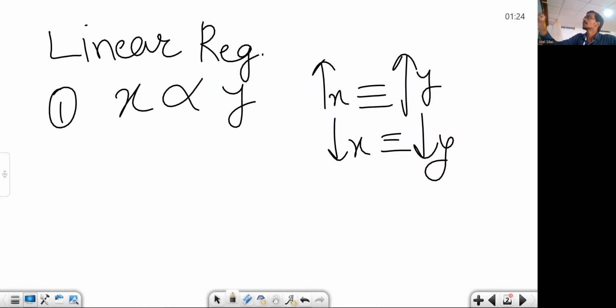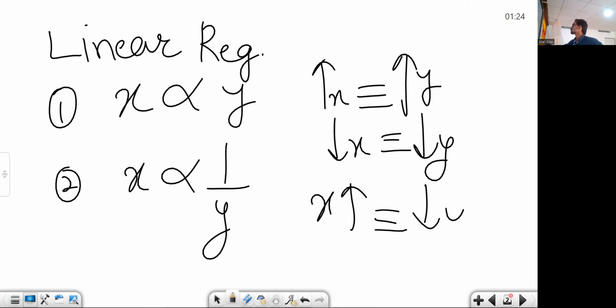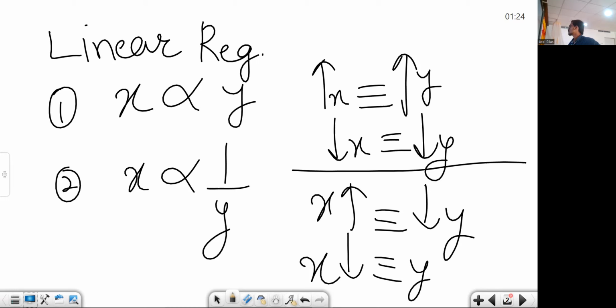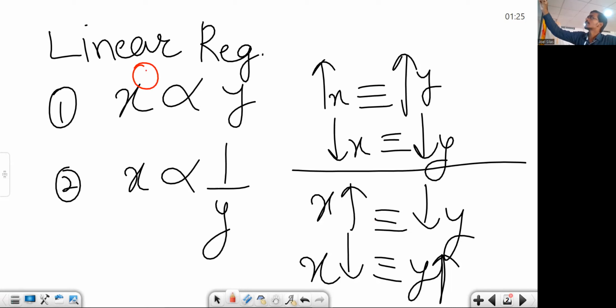Or it may be a inverse relationship. That means increase in x causes a decrease in y, or a decrease in x causes an increase in y. These may be the two possibilities in linear regression. And we observe that the power over here or exponent is 1 for x as well as for y. That is a linear dependency.